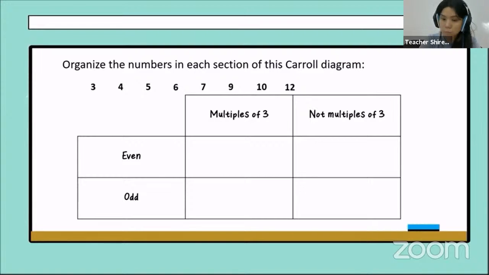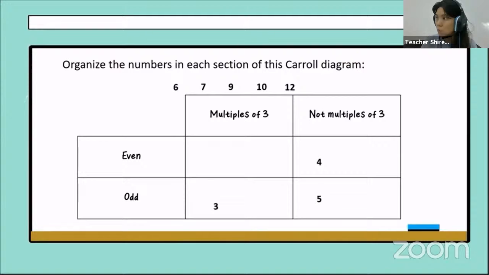Check with 3. 3 is here. Why here? Because 3 is a multiple of 3 and is an odd number. Very good. 4 is not a multiple of 3 and is an even number. Perfect. 5. Where do you think 5 is?